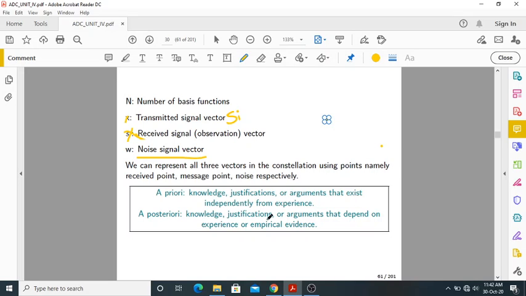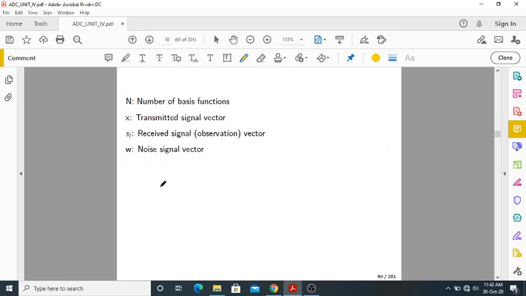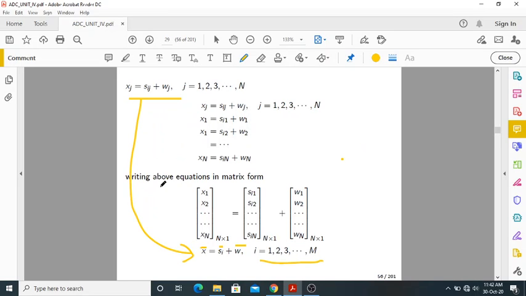Here we can represent all three vectors in the constellation using points, namely received point, message point, and noise. So this vector can be represented with a point in the signal space diagram. I told you these things while discussing the constellation diagram of BPSK. There also we represented a vector with a point on the signal space.